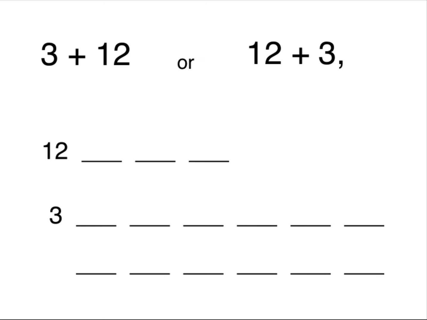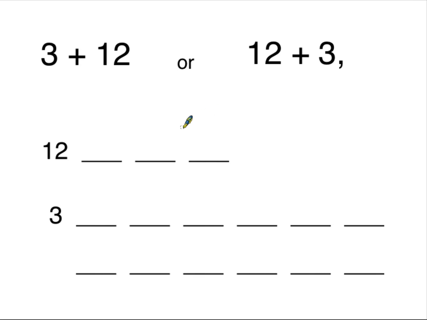Look at this. Are you going to grab the 3 and count 12 more? Or are you going to grab the 12 and count 3 more? You could do this. You could grab the 3 and count 12 more. You're going to have to use your toes to help you count, but you could do it. Or, that's Mrs. Chong talking to me again. Are you going to grab the 12 and count 3 more?